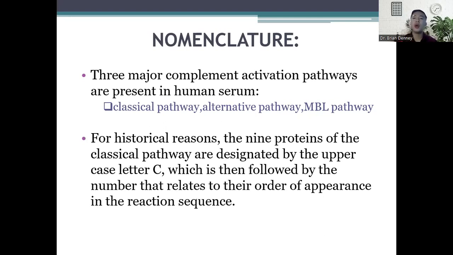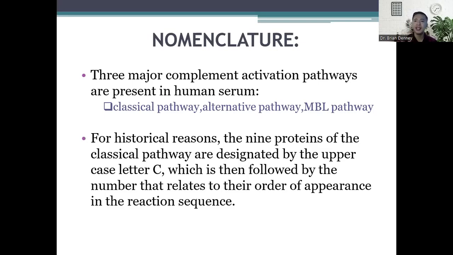So if this is the question, what are the complement proteins that make up the classical pathway? We have C1, C2, C3, C4, C5, C6, C7, C8, C9. You get that? Very easy, no?